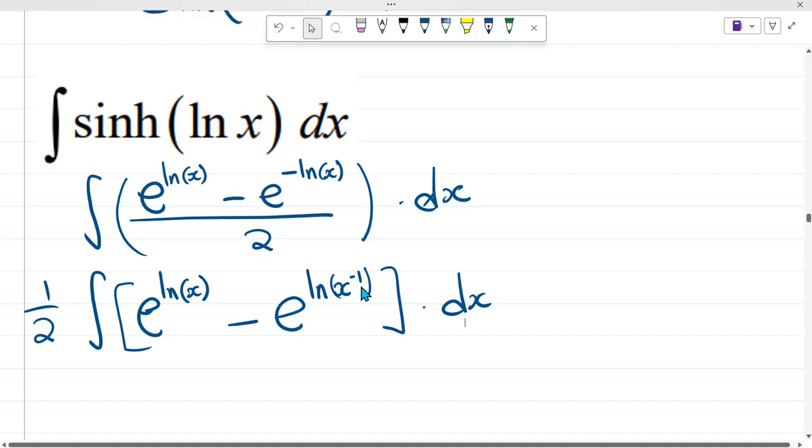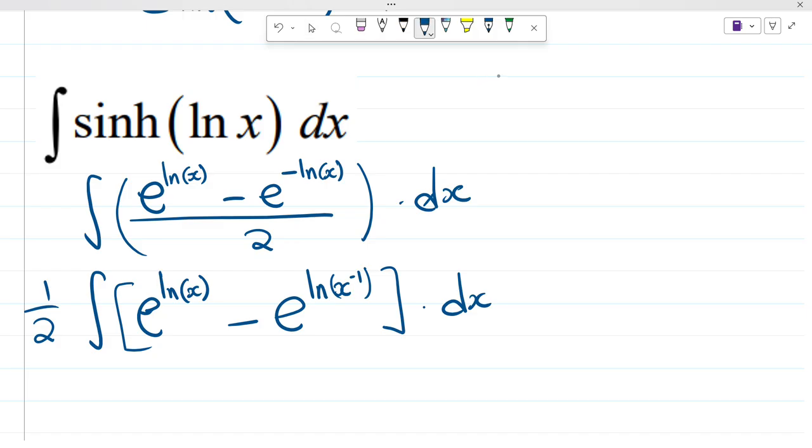So now I need to apply properties of logarithms again. Properties of logarithms says that whenever we have e to the power natural log of f of x, the answer for this is just f of x. So what does it mean?